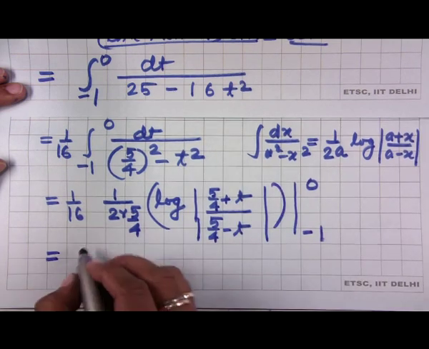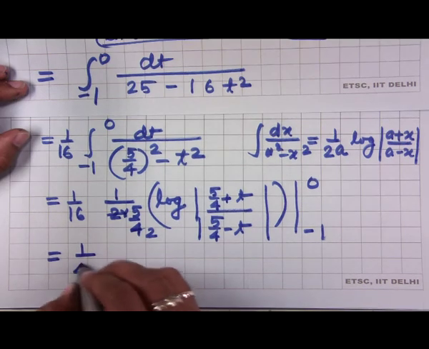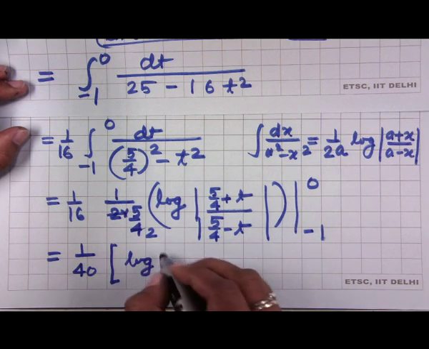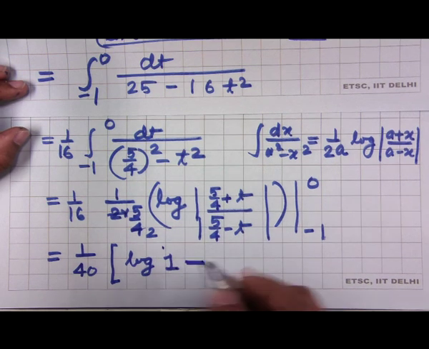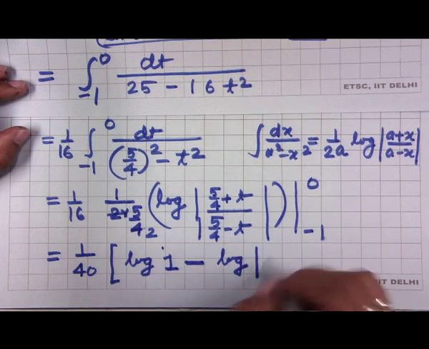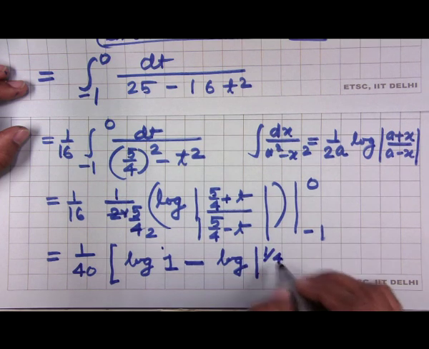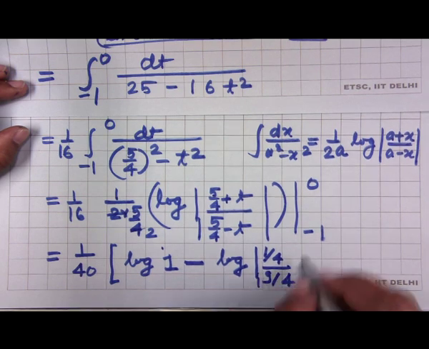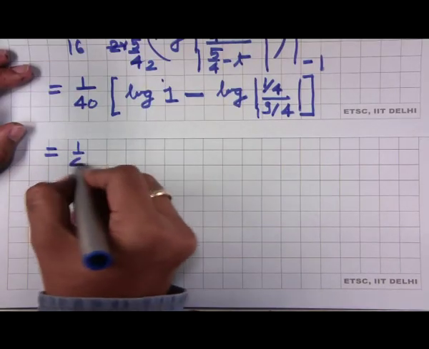So you get 1 by 40 log of, at 0 you will get 5 by 4 by 5 by 4, so log 1, minus, at minus 1 you will get 1 by 4 and this will give you 9 by 4. So this is equal to 1 by 40.